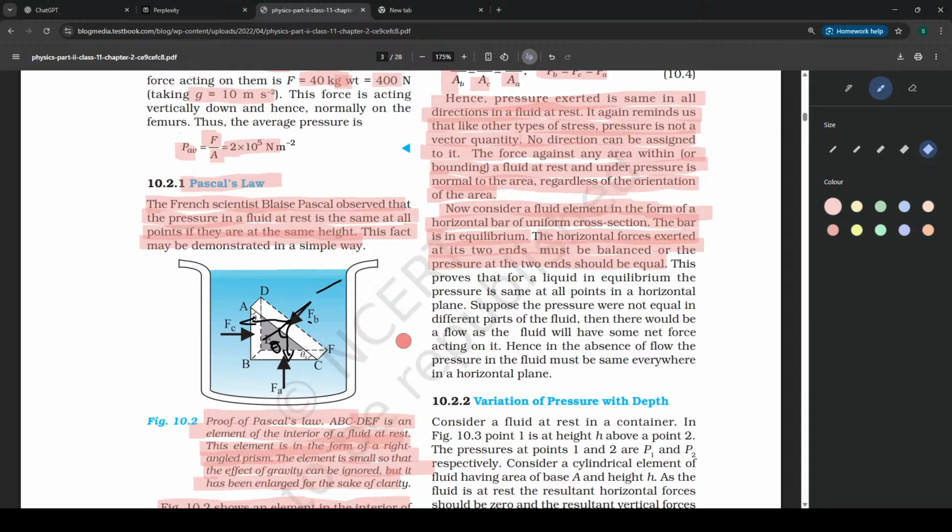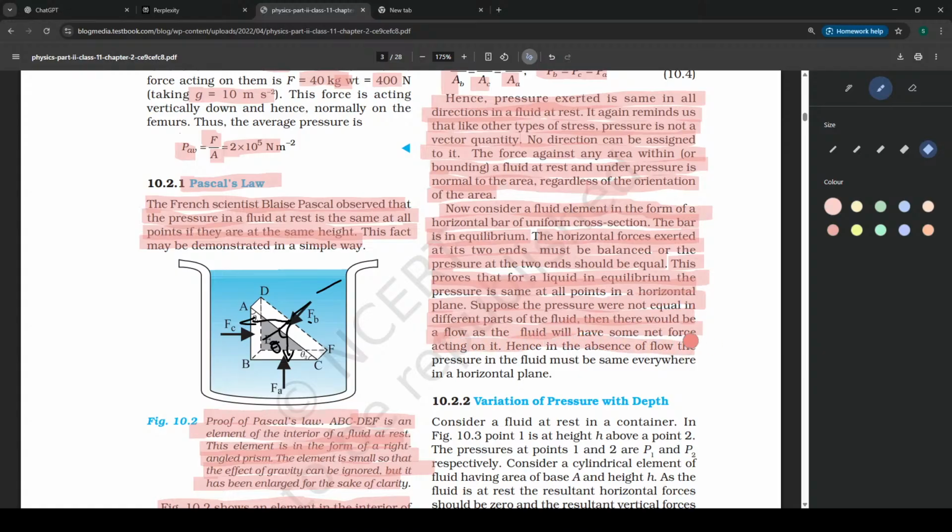The bar is in equilibrium. The horizontal force exerted at its two ends must be balanced, or the pressure at its two ends should be equal. This proves that for a liquid in equilibrium, the pressure is the same at all points in a horizontal plane. Suppose the pressure were not equal in different parts of the fluid, then there would be a flow, as the fluid will have some net force acting on it.